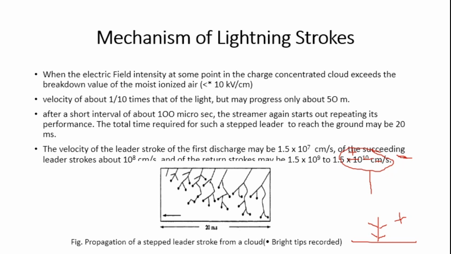It has a velocity of about 1/10th of that of light, but progresses only for about 50 milliseconds. So what do we mean by this? It has a large number of followers, too many branches.